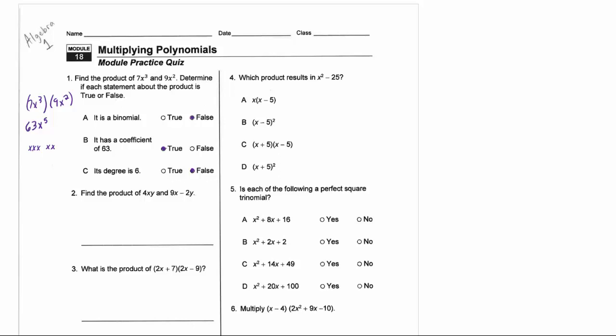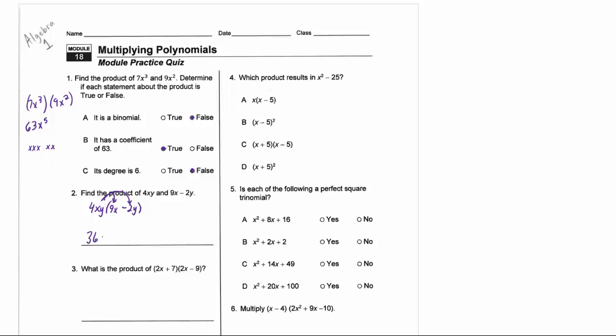Number 2, find the product of 4xy and 9x minus 2y. So I'm taking 4xy and multiplying it with 9x minus 2y. So what I need to do is use the distributive property and figure out what those will be. So for instance, 4 times 9 is 36.